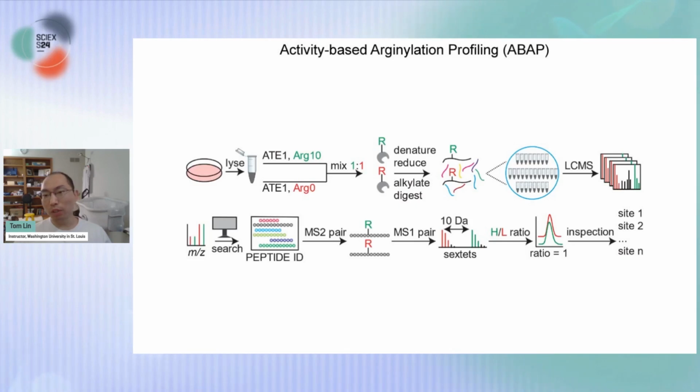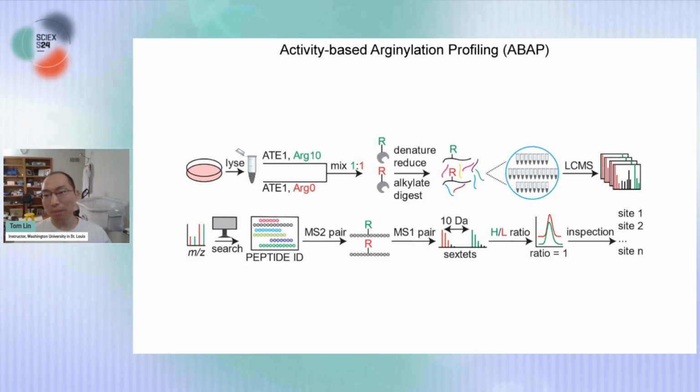The mixed proteome will go through the normal proteomics prep until the digested tryptic peptides. Because the arginylated peptides are so low abundance, we have to use high pH fractionation to get the peptides in around 30 fractions. And then we inject each of the fractions to the LC-MS for analysis.